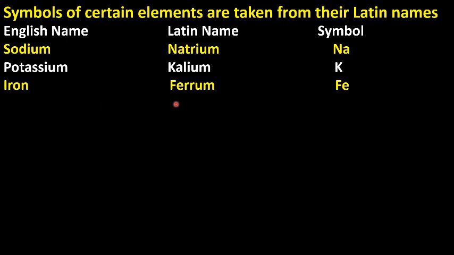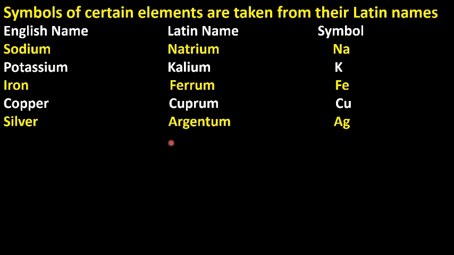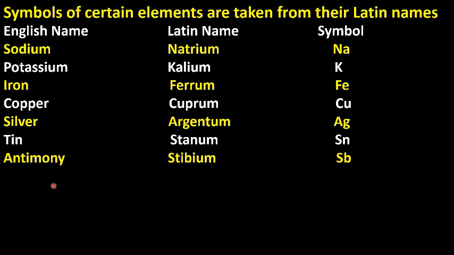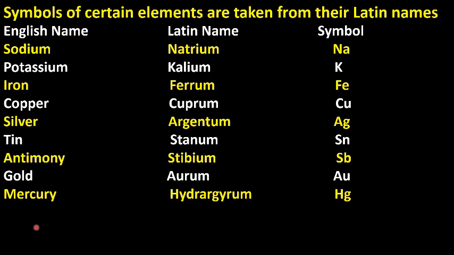Iron, Latin name ferrum, symbol Fe. Copper, Latin name cuprum, symbol Cu. Silver, Latin name argentum, symbol Ag. Tin, Latin name stannum, symbol Sn. Antimony, Latin name stibium, symbol Sb. Gold, Latin name aurum, symbol Au.